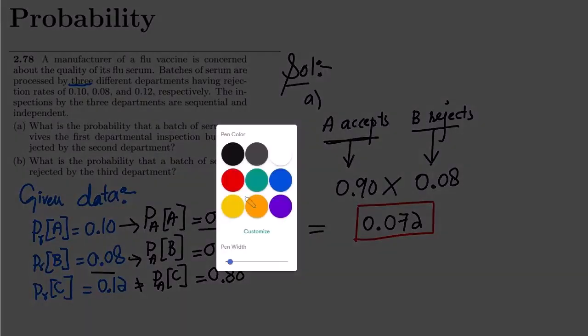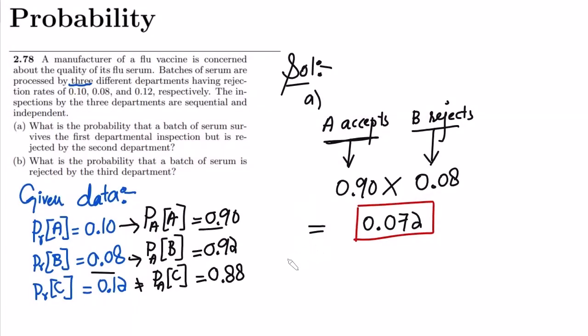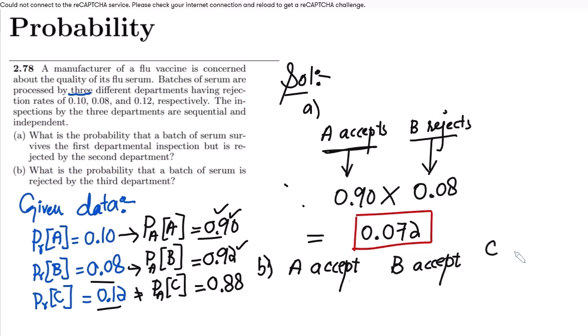Similarly, now we have to find the probability that a batch of serum is rejected by the third department. So it means that the two departments will accept it, and C will reject it. In that case, A has to accept it, B will accept it as well, while C will reject it. Now writing their probabilities, the acceptance probability of A is already calculated, and that is 0.90.